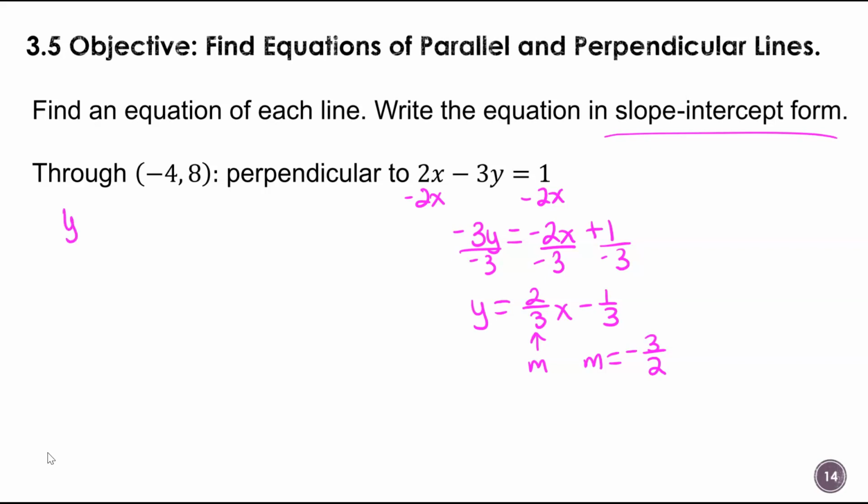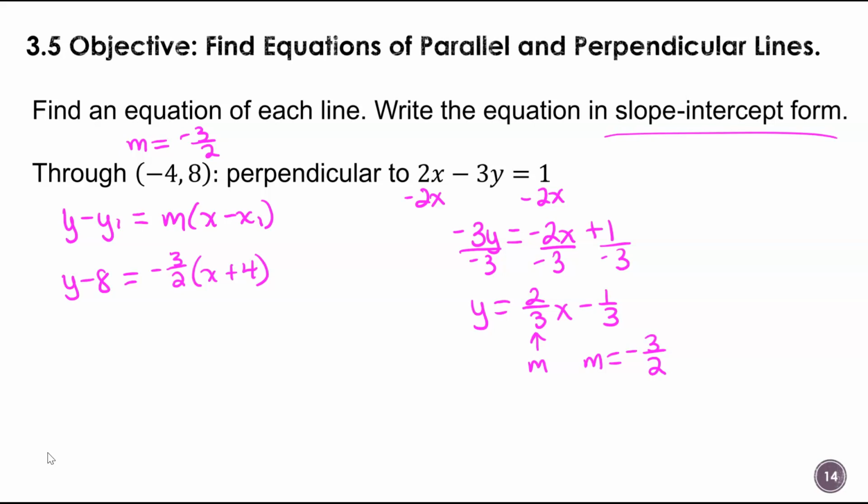We're going to write out our formula and then substitute in. So remember, I'm using a slope of -3/2. It will be y minus 8 equals -3/2 times x minus -4 would be +4.